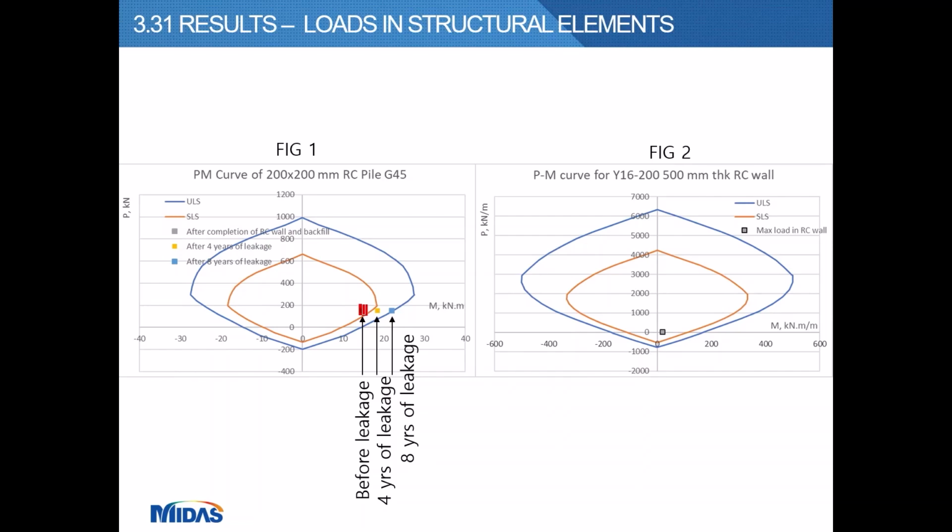And the bending moment in the pile developed as the leakage prolonged, and finally reached the failure envelope and initiated the failure. However, the bending moment in the RC wall, as shown in figure 2, is still well below the failure envelope.